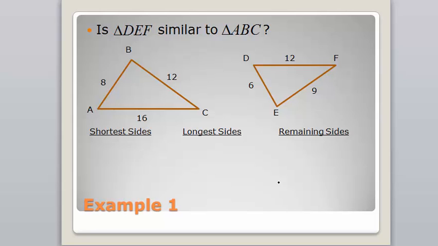We want to know, is triangle DEF similar to triangle ABC? Well, we don't know anything about the angles, so I'm not going to use angle-angle similarity, but I do have side measurements, so I'm going to try and use SSS similarity. So, let's check our ratios.